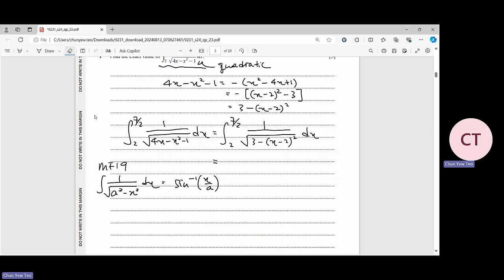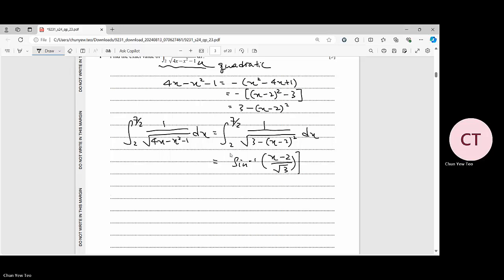Using the formula booklet directly, we can integrate this as arcsine of x minus 2 over 3. Then just put in the values 2 to 7 over 2.